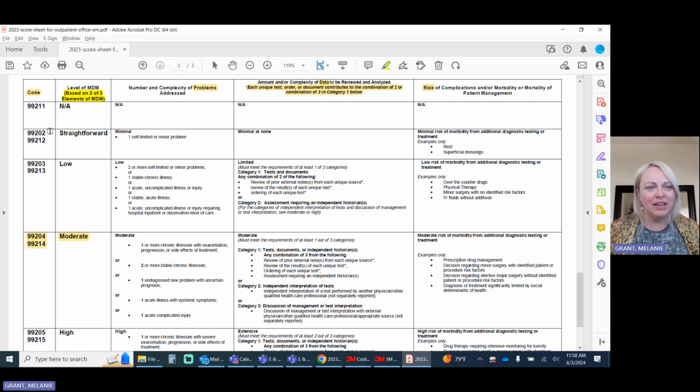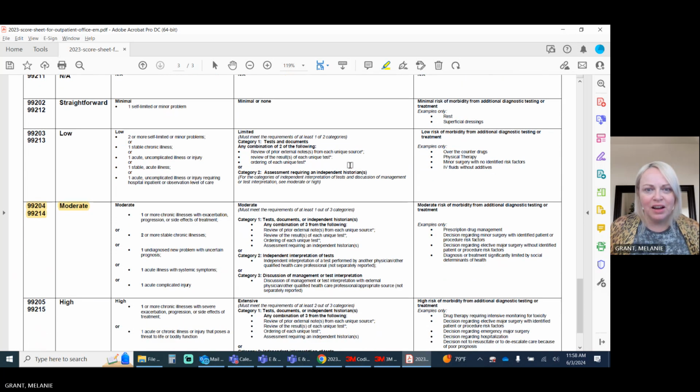So when we go in here, ignore the code sets for a moment and focus just on this column. Under a limited or low level of medical decision making, the requirements for category 1 say it must meet the requirements of at least one of these two, so category 1 and category 2.